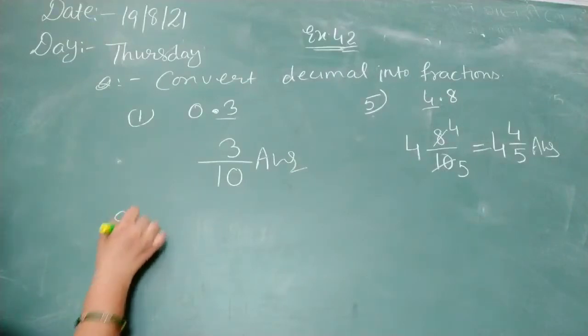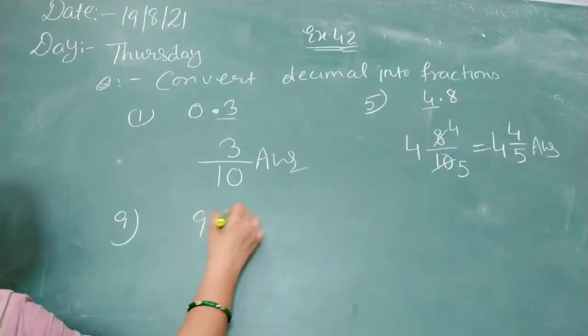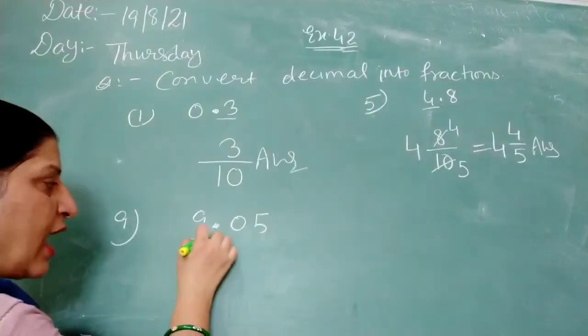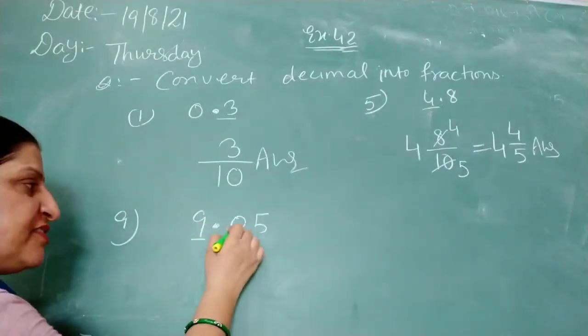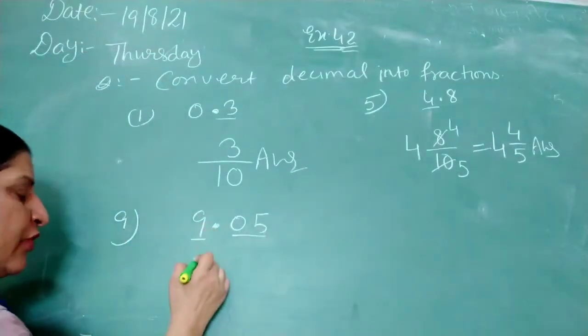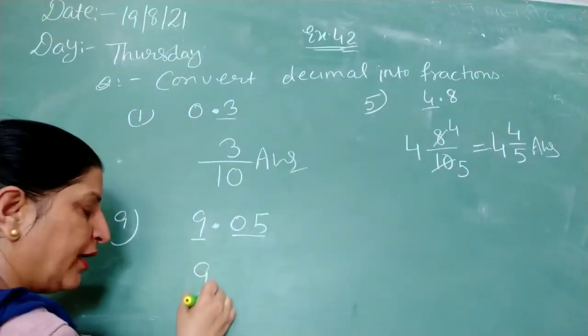Question number 9. 9.05. Again in this question this 9 is the whole part and this 05 is the decimal part. So firstly we write the whole part here.